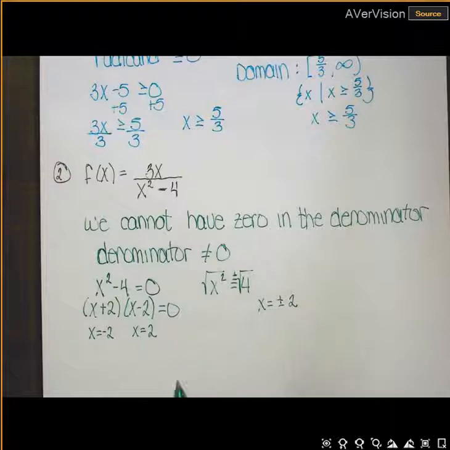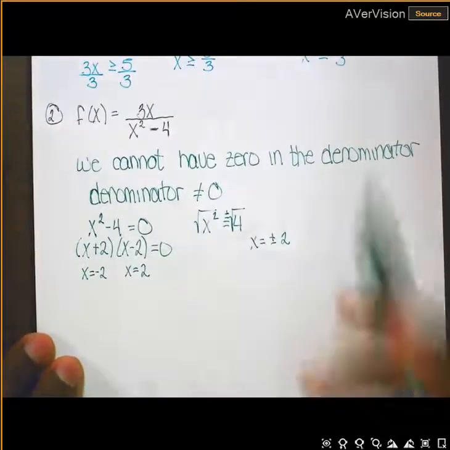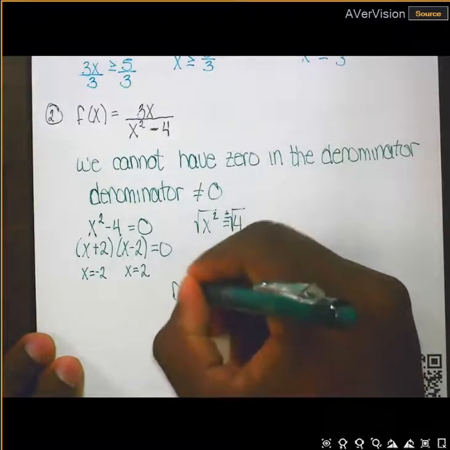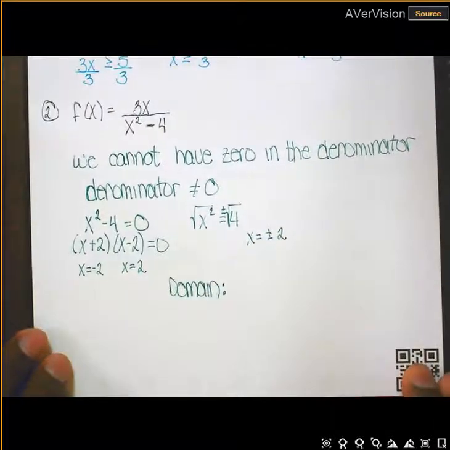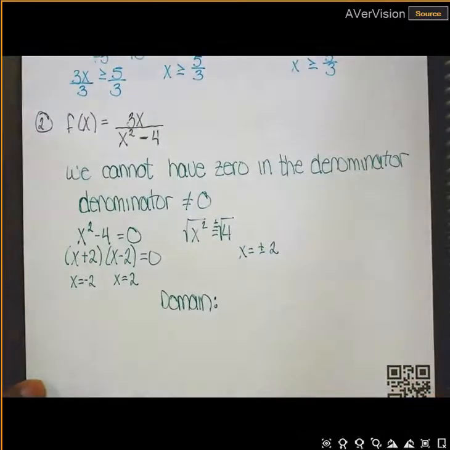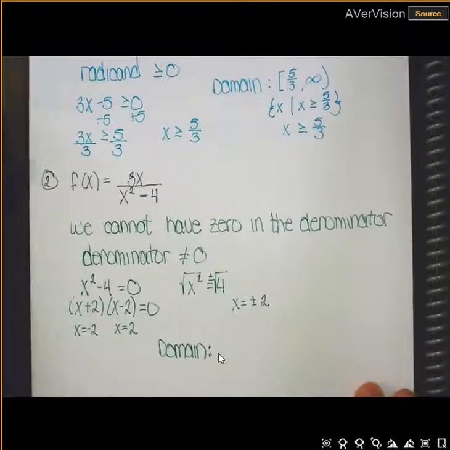All right. So the denominator equals 0 when x is negative 2 and when x is positive 2. So our domain is everything except for negative 2 and positive 2. How do you write that? How do we write that in interval notation?